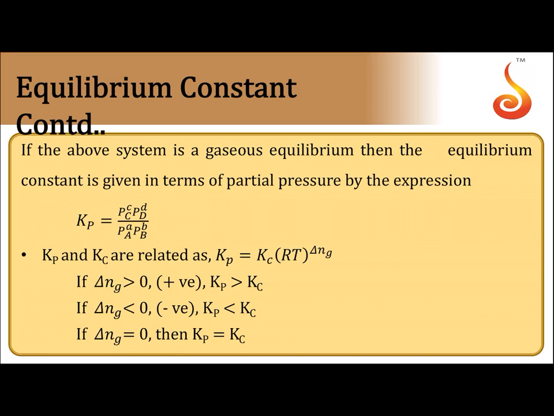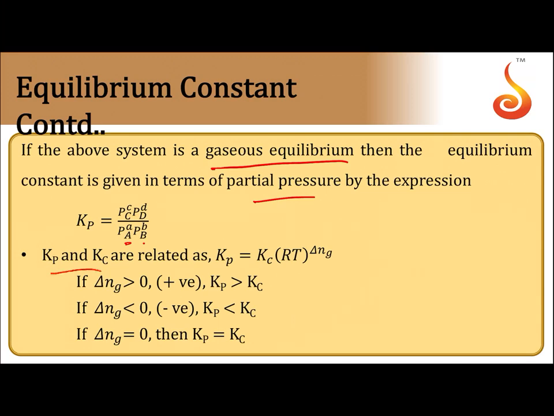Suppose you have a gaseous equilibrium, then the equilibrium constant is expressed in terms of partial pressures, where the concentrations are replaced by partial pressures. So it is the partial pressure of C to the power of c, pressure of D power d, by the partial pressure of A to the power of a and pressure of B to the power of b.